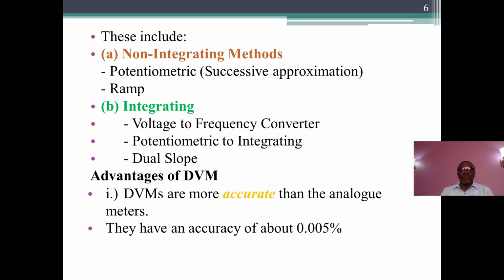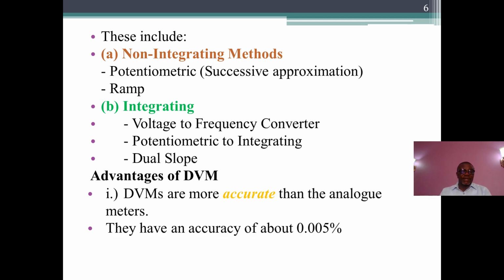As we go on, we will look at this successive approximation method. Then we also have the ramp method. Under the integrating methods, we have the voltage to frequency converter, the potentiometric to integrating, and the dual slope method.